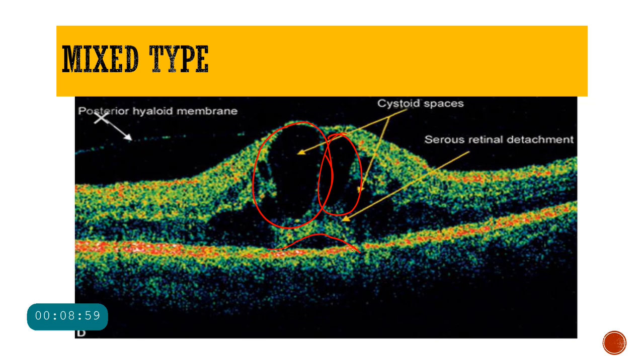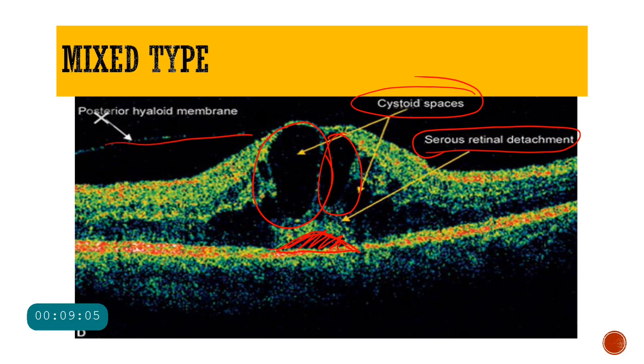Along with that, you also have the serous retinal detachment over here. So this is a serous retinal detachment with cystoid spaces. And you also have some part of a traction component, although not very significant in this case. So you do have a posterior hyaloid membrane which is seen here. Such a kind of diabetic macular edema in which various patterns can be seen is called a mixed type of diabetic macular edema.